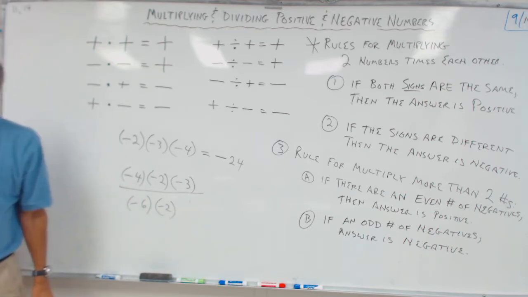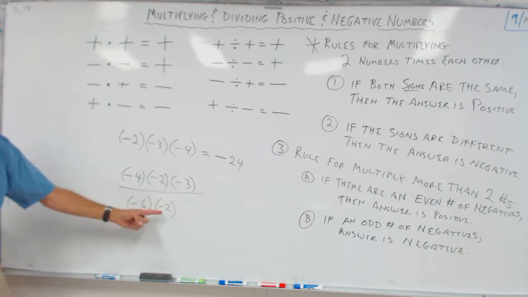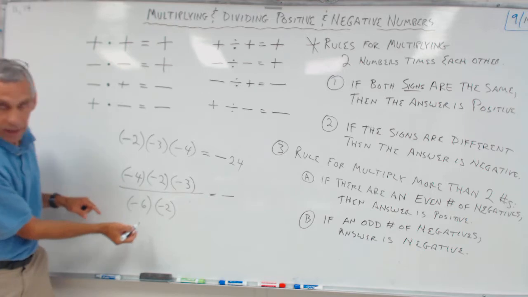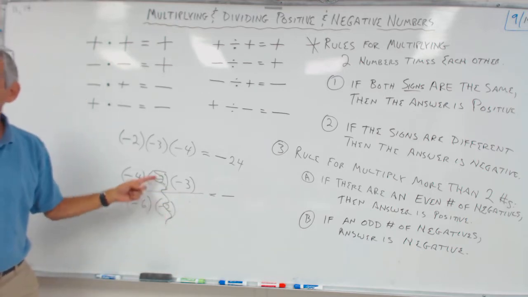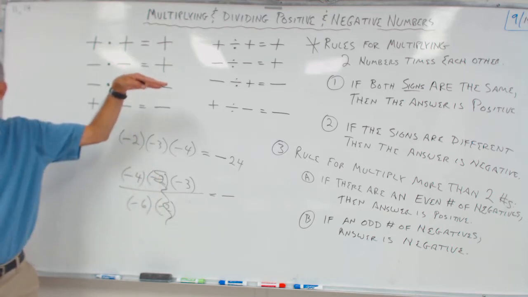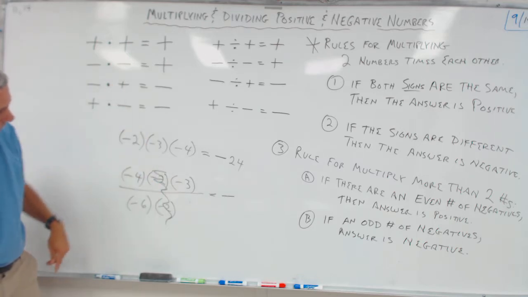Is that going to be positive or negative? Negative. 1, 2, 3, 4, 5. It's going to be negative, and now I'm going to just cross out the -2's, right? Because -2 over -2 is the same thing. So that becomes 1. If you have a fraction with the same thing upstairs as downstairs, it's gone. It's 1, right? All right, we got rid of that.